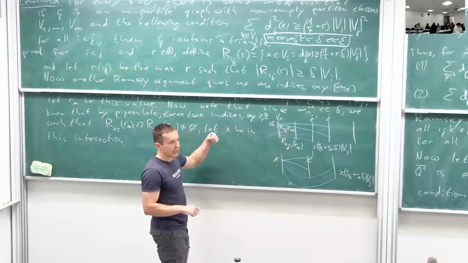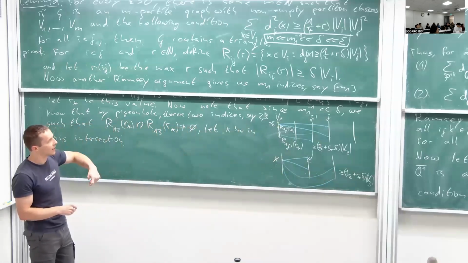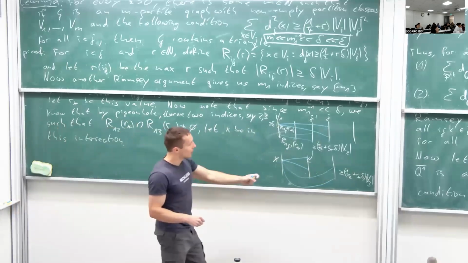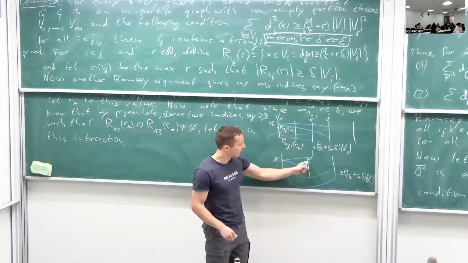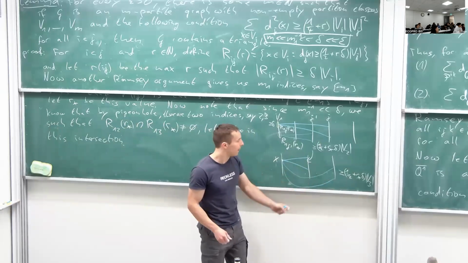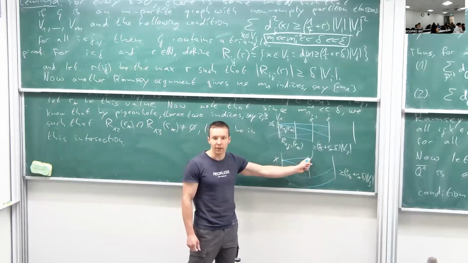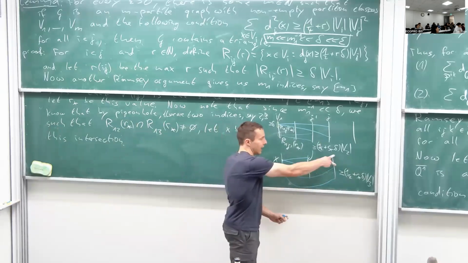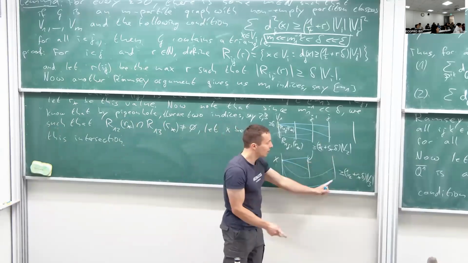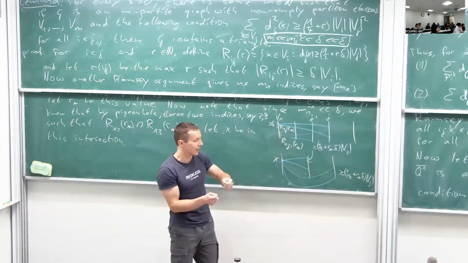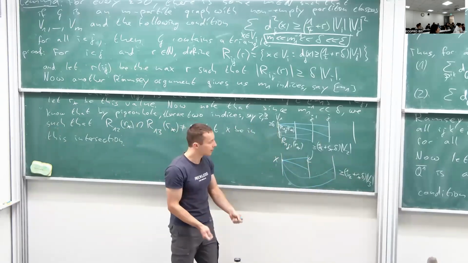But now we just count this sum of the degree squared on which we have our condition. So we sum the degree squared and we divide the sum into the vertices in here and the vertices in here. So for the vertices in here, our degree is bounded by this thing, which is small, and especially if r star gets larger, it gets small.